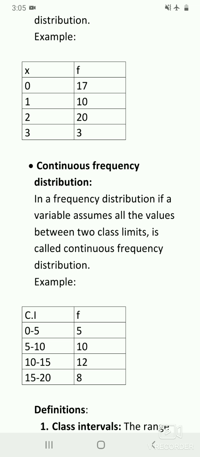The frequencies are 5, 10, 12 and 8. Here f can be the number of students and class intervals the marks obtained in internals. So 5 students scored between 0 and 5, and 8 students scored between 15 and 20. These are examples of continuous frequency distribution.